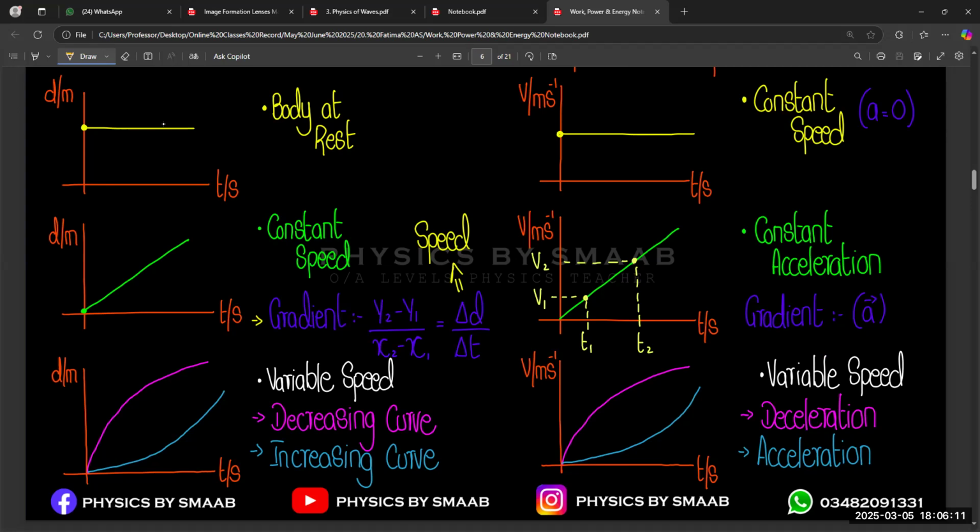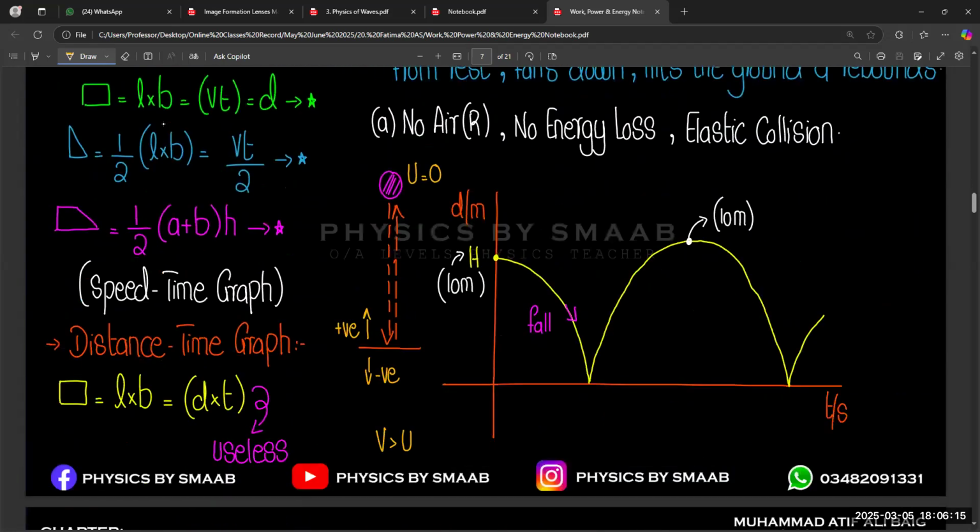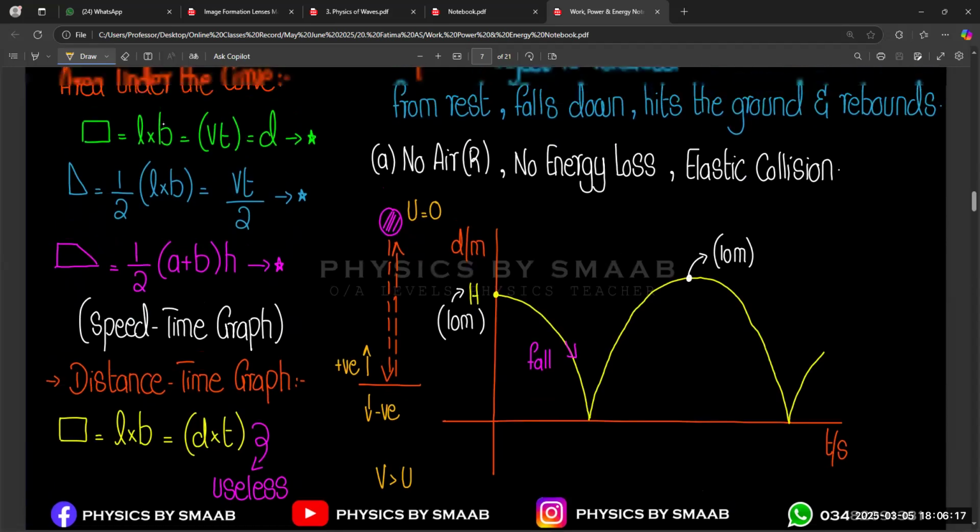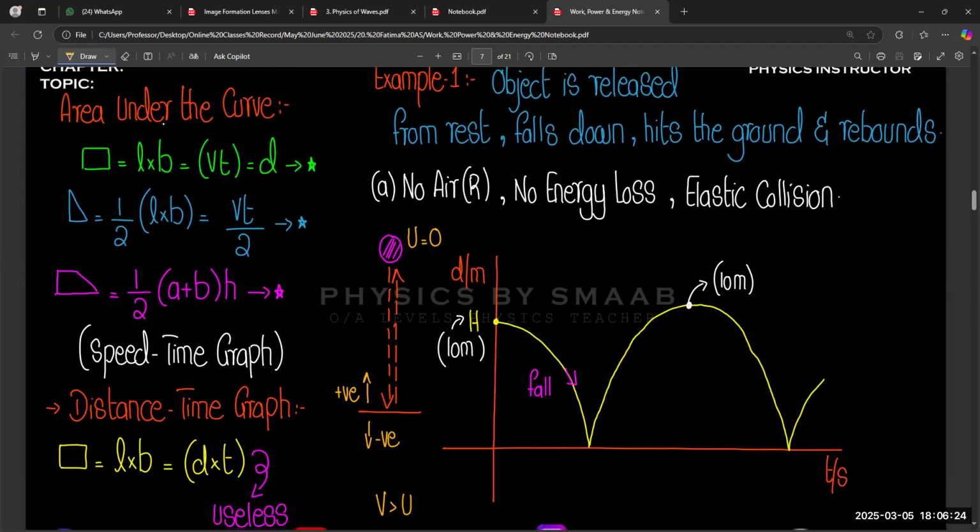Okay. So that's why we are getting this curved graphical representation. Any confusion now? These lines are representing acceleration basically, or variable speed in other words.